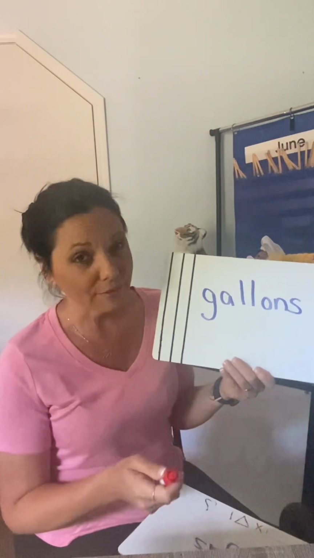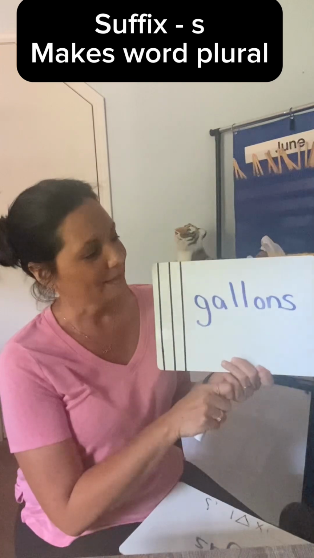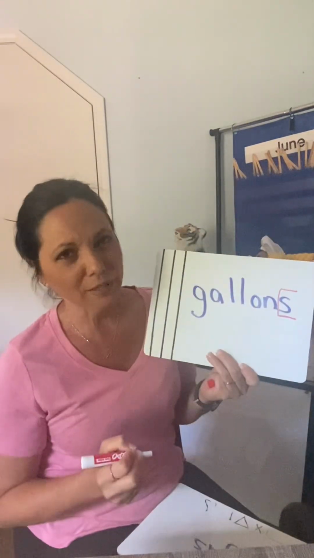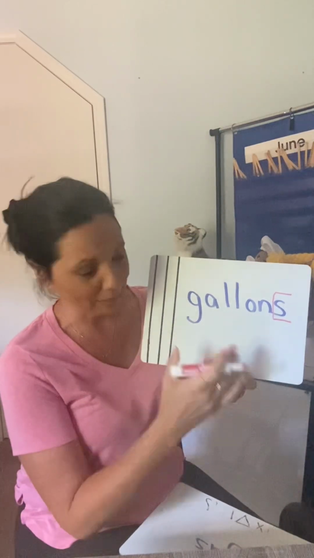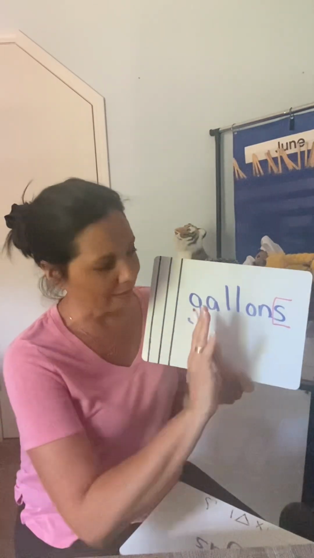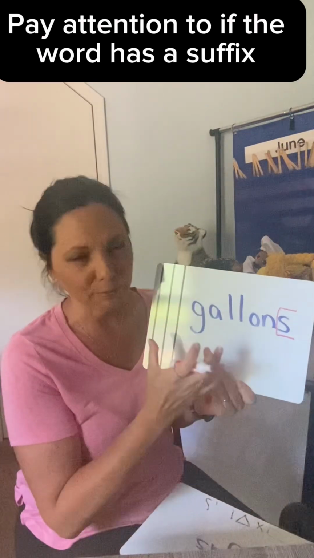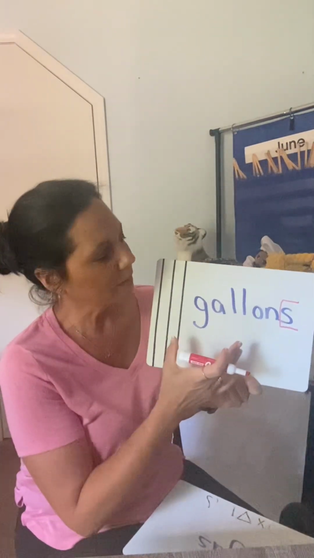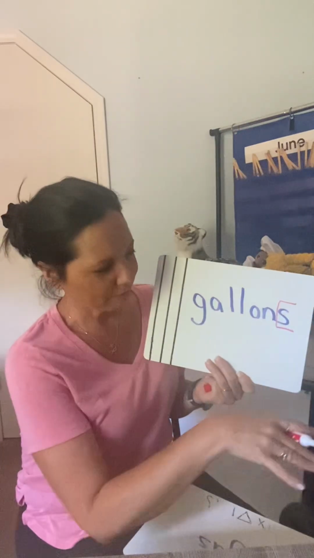This word has a suffix on it, and the suffix on this word is the letter S. When we go to decode words, when we're reading them, we want to pay attention to those suffixes and get them off the word first so we can read the base word or the main word. So we take the S off, the suffix.